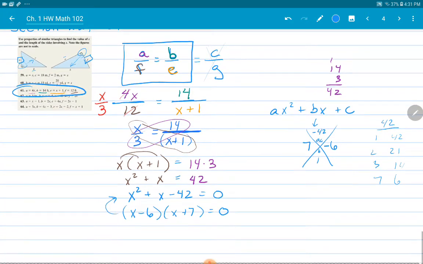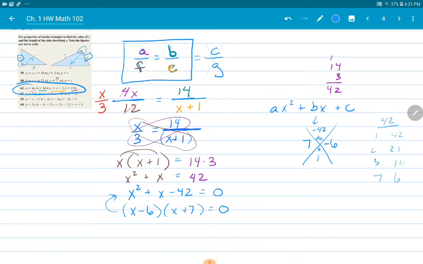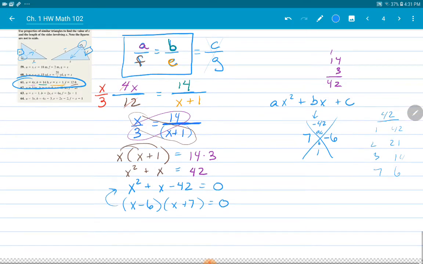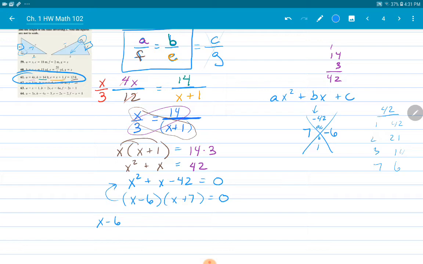The next step is to identify the zero product property. So these two factors, when I multiply them together, I get 0, which means either x minus 6 equals 0 or x plus 7 equals 0, because anytime two numbers multiplied together equals 0, one of them must be 0. If x minus 6 equals 0, that would tell me that x equals 6.